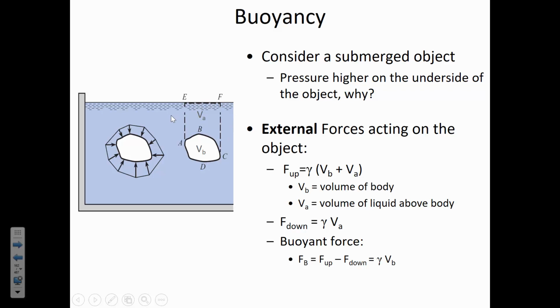Those would be how you'd calculate the magnitude of the upward forces, and the downward forces are just related to the weight of the water that's above it. So the buoyant force, the difference between the up and the down forces, is just going to be the unit weight of the fluid. It's not the unit weight of the object.